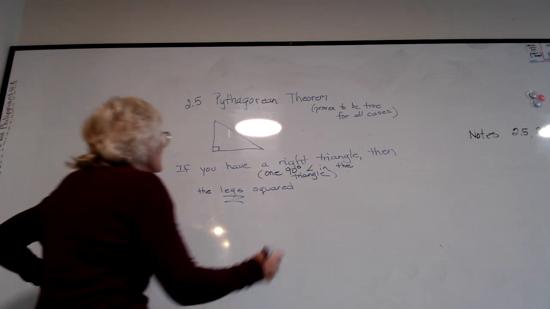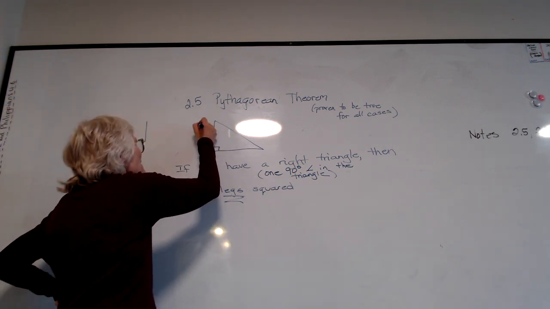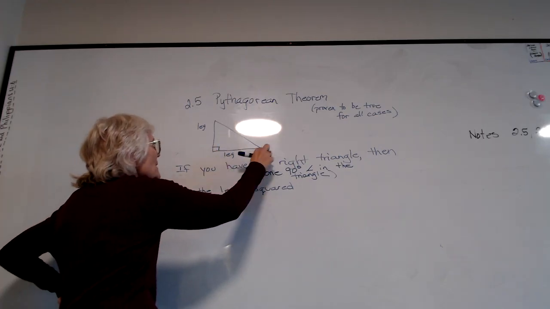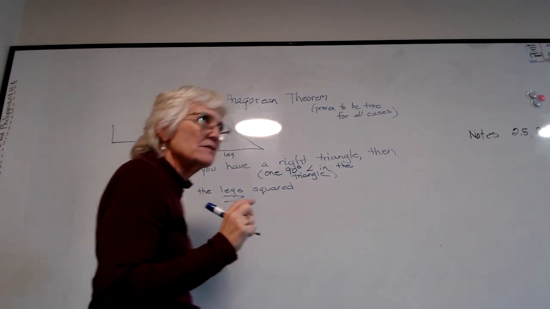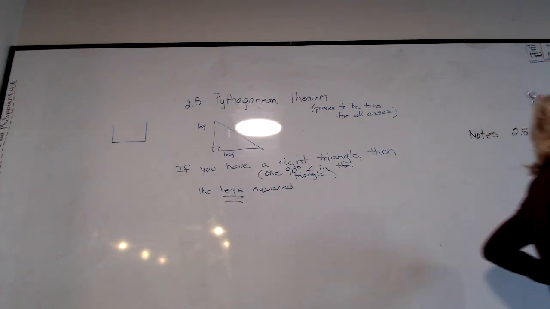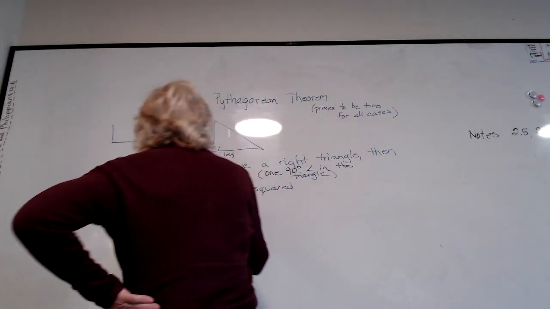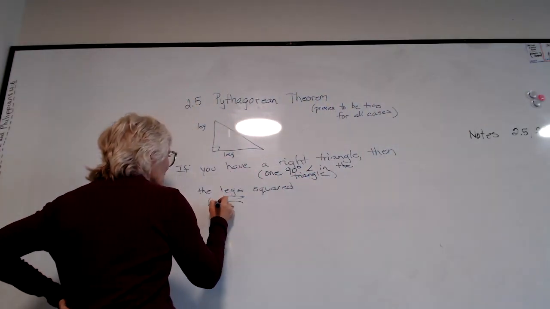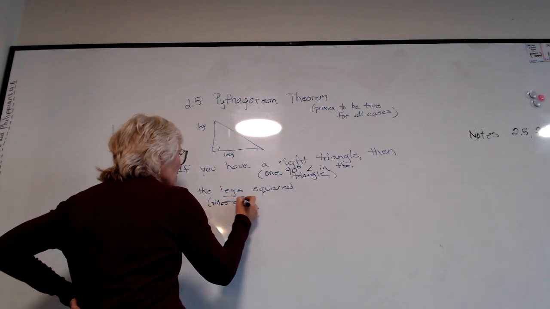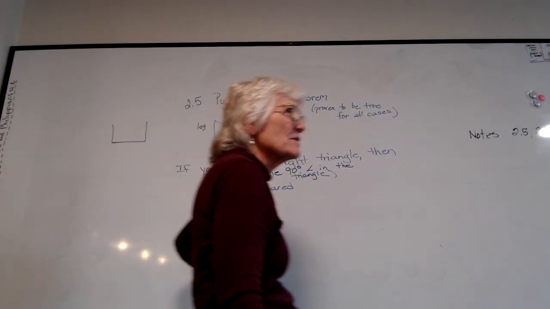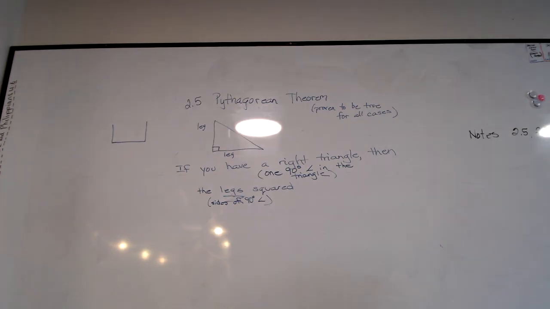Yes, the legs are this one and this one, because see how they make the 90-degree angle. So the legs are the sides of the 90-degree angle. Okay, so that's how we identify the legs.